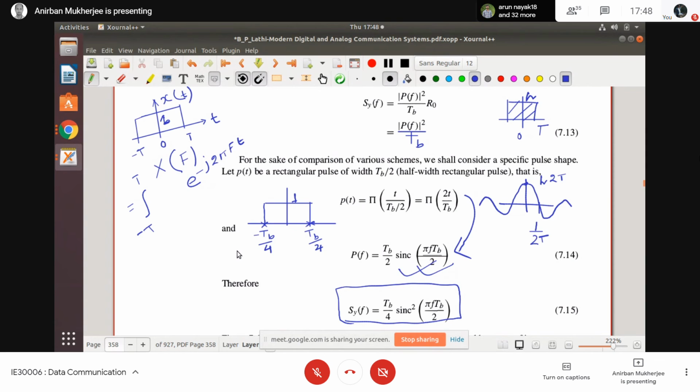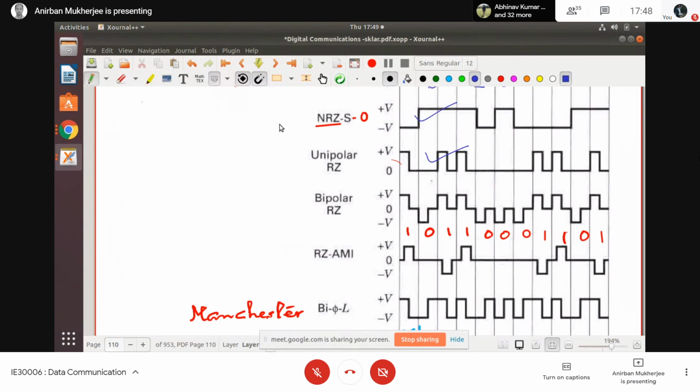Now, if you just do the Fourier transform, okay. So now I'm showing you some other one. If I do the Fourier transform of a signal, something like this, where it goes from minus tau by 2 to tau by 2, and this is 1.